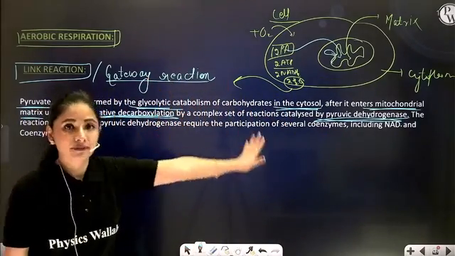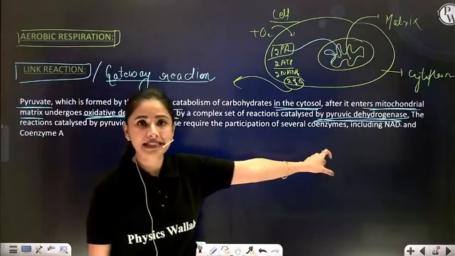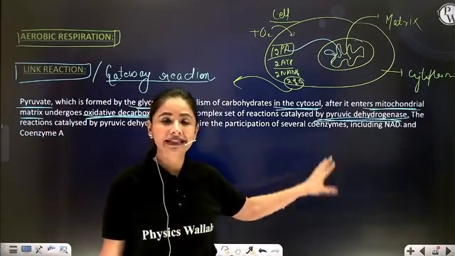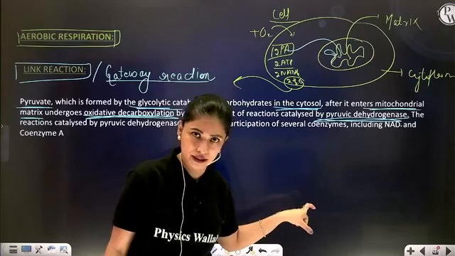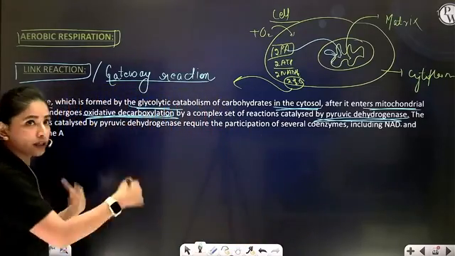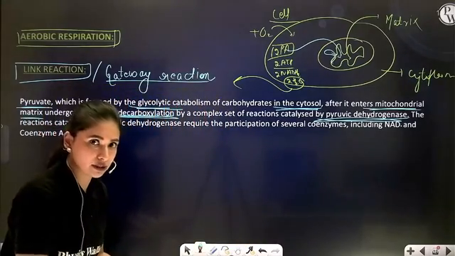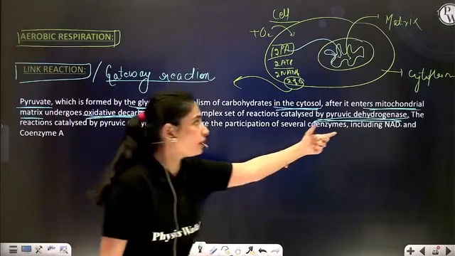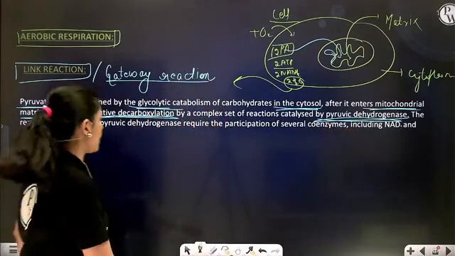So you have read this line I have taken from NCERT. Now I am going to write these 2 lines in the form of an equation. Before telling you about the equation, let's discuss this complex enzyme pyruvate dehydrogenase.